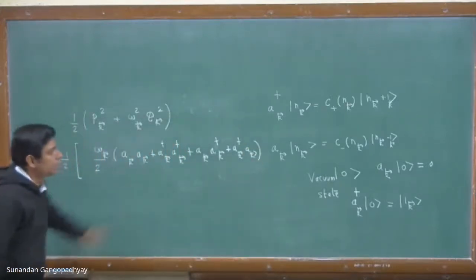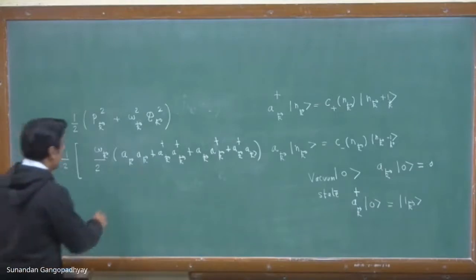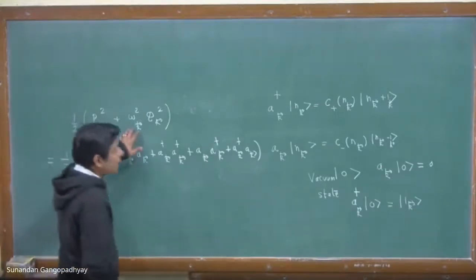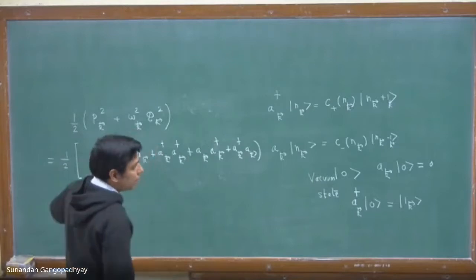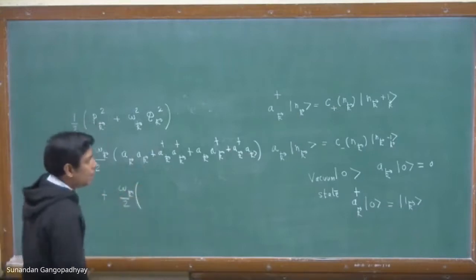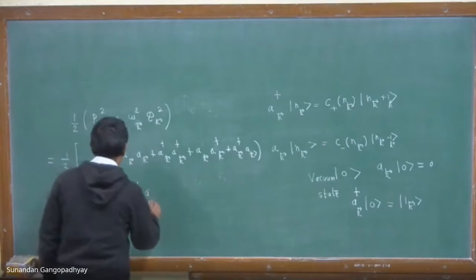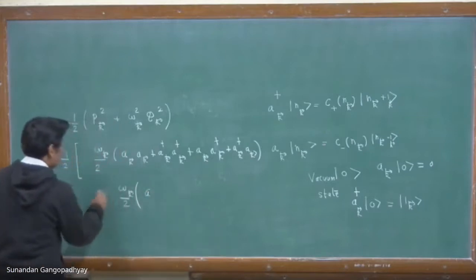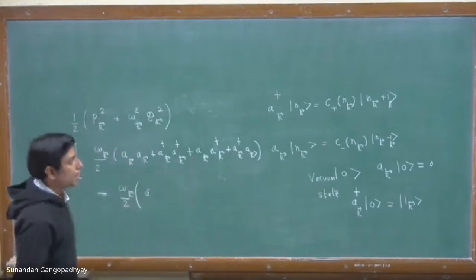So this gives you pk square, and then qk square, and you have omega k square in front, multiplied by qk square. Therefore, you will once again get omega k by 2, and then you will have, and this will be a minus, because of the minus i that you have.